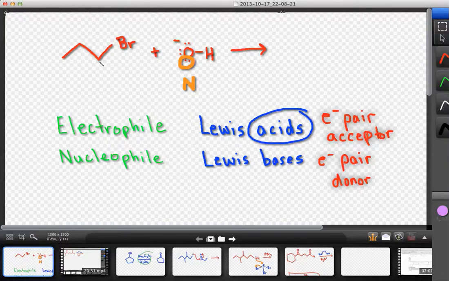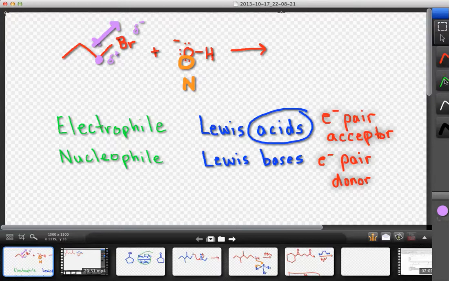Most reactive electrophile is going to be the carbon bonded to the bromine atom, because the bromine atom is more electronegative than carbon, and so the electron density is skewed such that bromine has a partial negative charge and carbon has a partial positive charge.